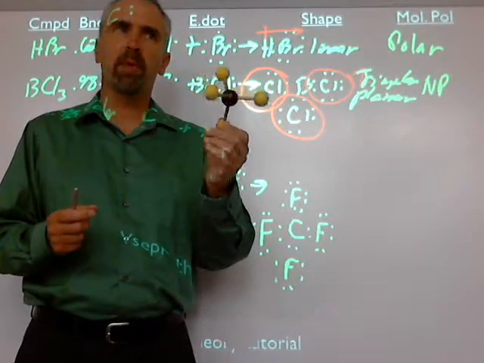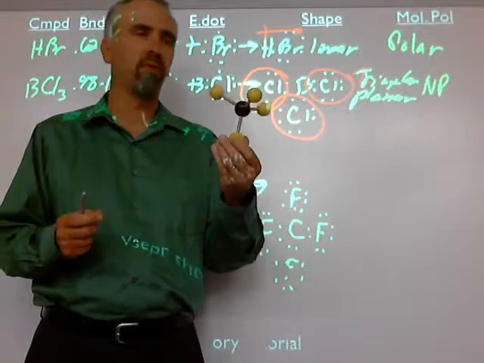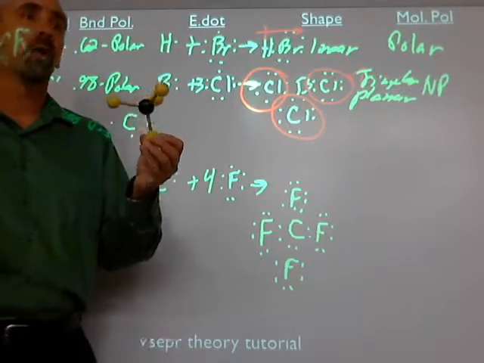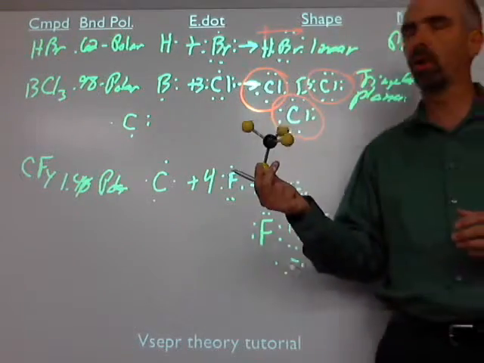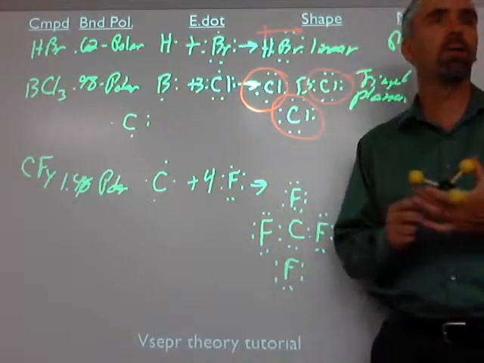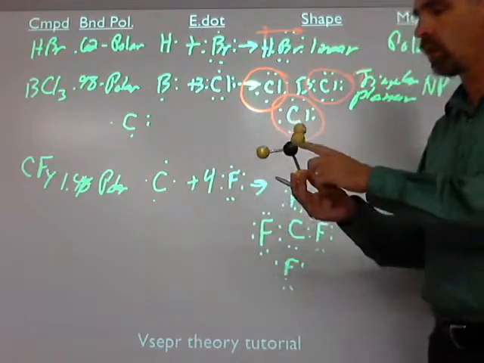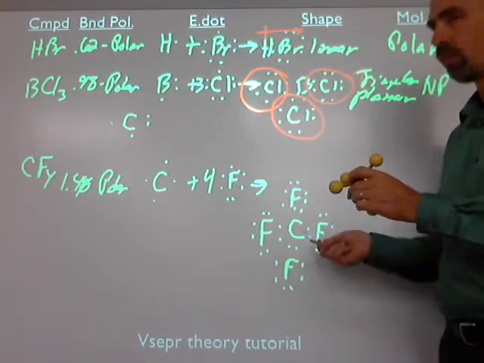What did I say the shape was? You remember it? 4 things bound around the central atom. Tetrahedral. It's on the back of that paper you just read, and it's the same word I use when I talk about diamond. Tetrahedral is the shape for carbon, only this time, instead of other carbons being around that carbon, there are other hydrogens, or in this case, other fluorines.